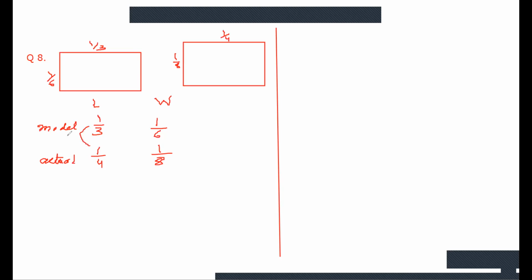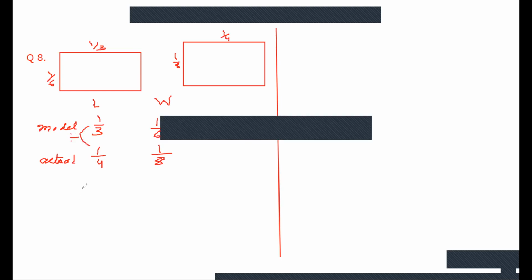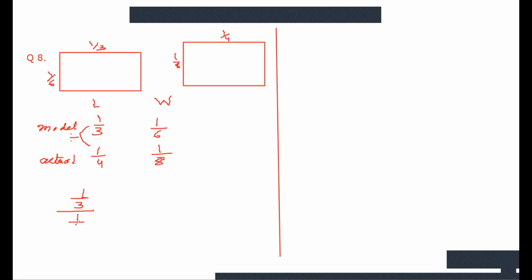To see the proportionality, you must divide. So if I divide the length, I get 1 over 3 divided by 1 over 4, so 1 over 3 times 4 over 1. I got 4 over 3. This is when I divide the lengths of both.